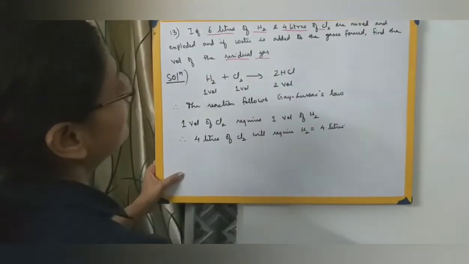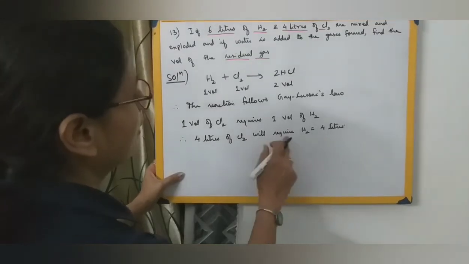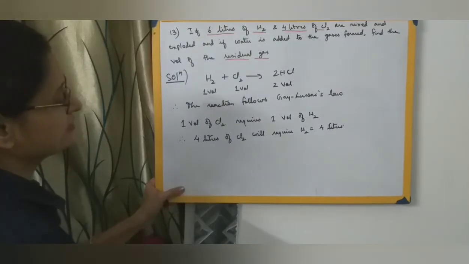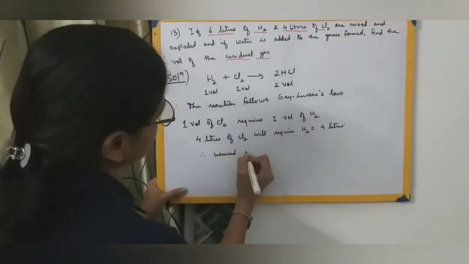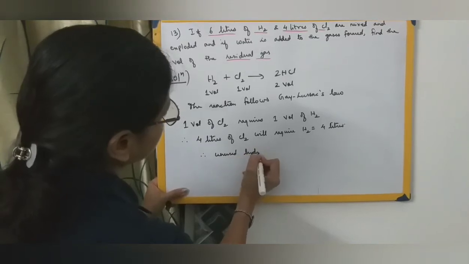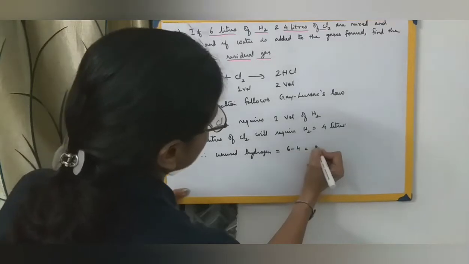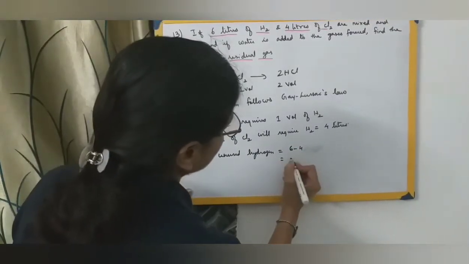So we are starting with the less one. So 4 liters of chlorine will require 4 liters of hydrogen. Here we have been provided with 6 liters. Therefore unused hydrogen is equal to 6 minus 4, that is 2 liters.